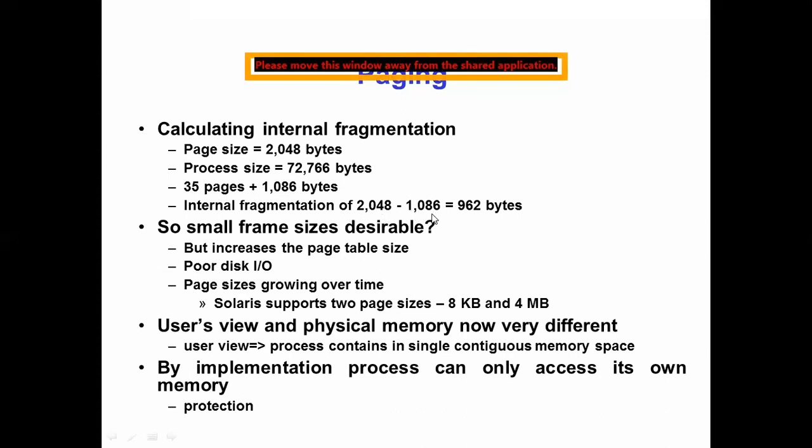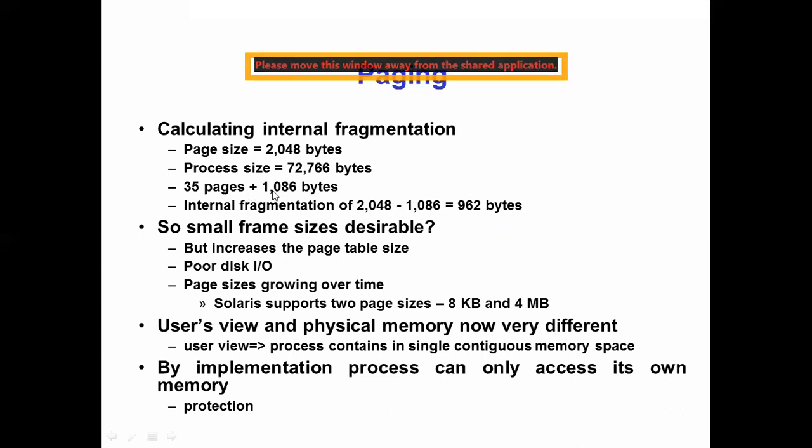So 2048 minus 1086, because this is half of the page occupied by the process, but the remainder of the page, other than 1086 bytes, means 962 bytes, goes in vain, goes to wastage. So 962 bytes is the wastage of the memory.